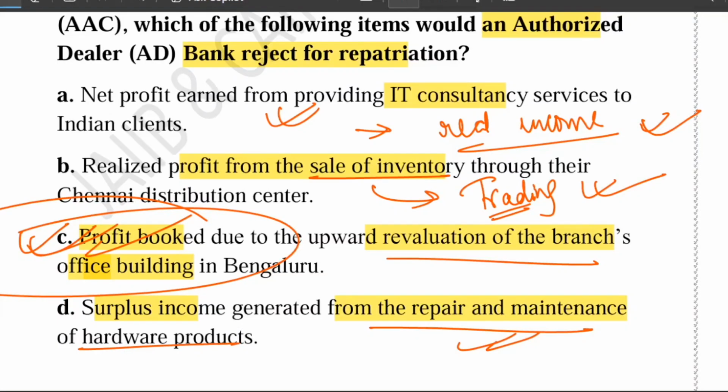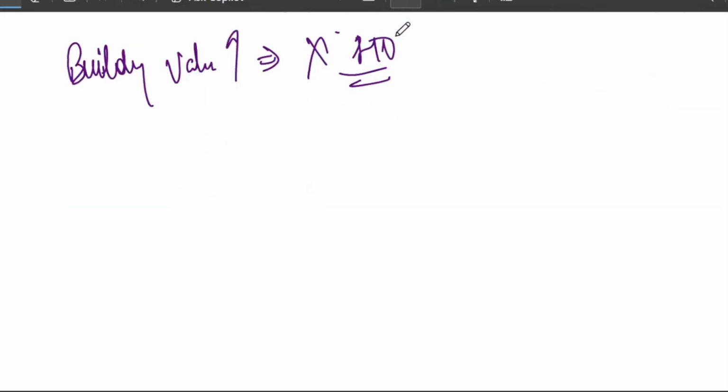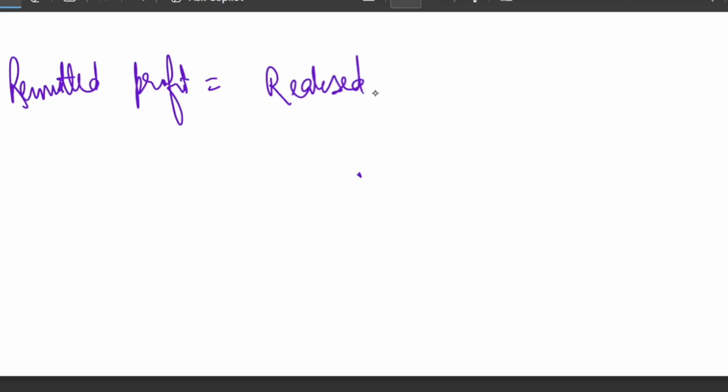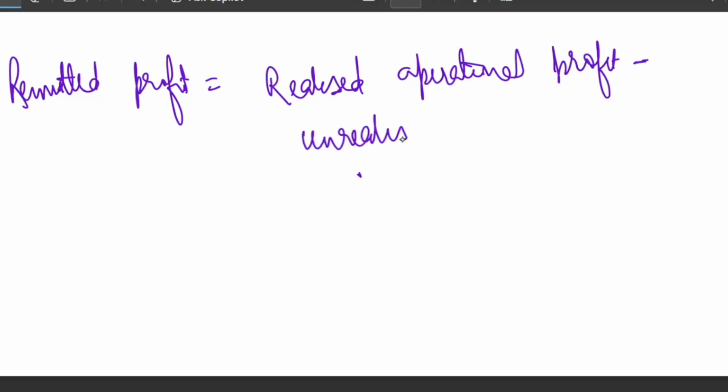So remember the formula. The formula is very simple. Let me write down the formula here. Remitted profit is equal to realized operational profit minus unrealized gain.